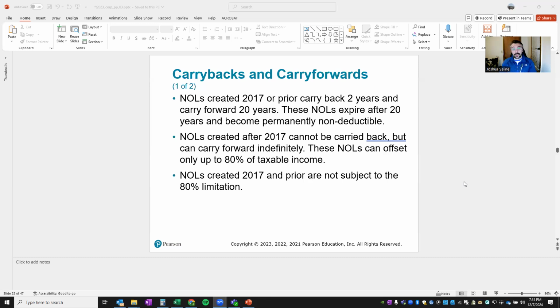NOLs created after 2017 can't be carried back, but can be carried forward indefinitely. These NOLs can offset only up to 80% of taxable income. I think we covered that in Chapter C2. And NOLs created 2017 and prior are not subject to that 80% limitation. So that could offset up to 100% if it was created prior to 2017.